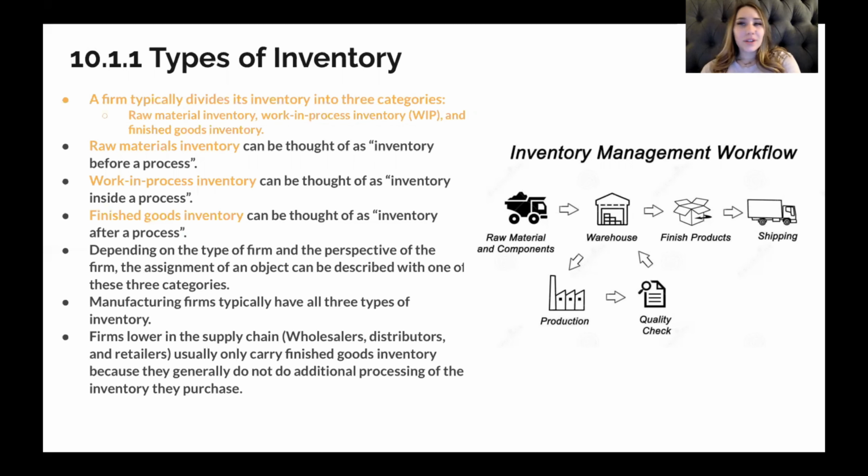But if you make cars, for example, that steel is actually going to be the raw materials inventory, where you're going to have to convert that input of a raw material through that process to become the output for your inventory. Manufacturing firms typically have all 3 types of inventory, but when you're a little bit lower in that supply chain, like a wholesaler, a distributor, and a retailer, they will typically only carry finished goods inventory.